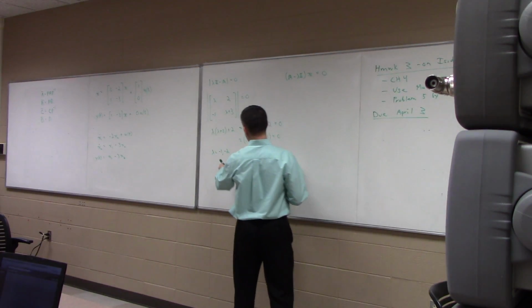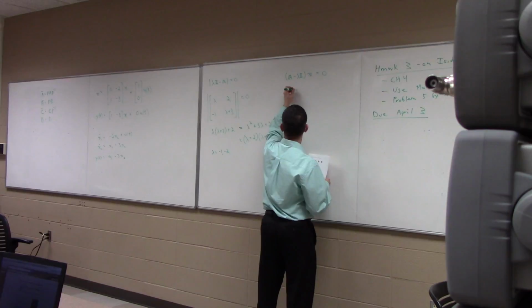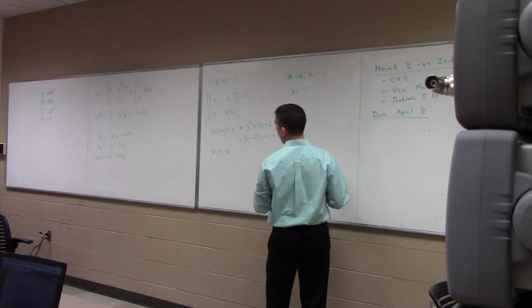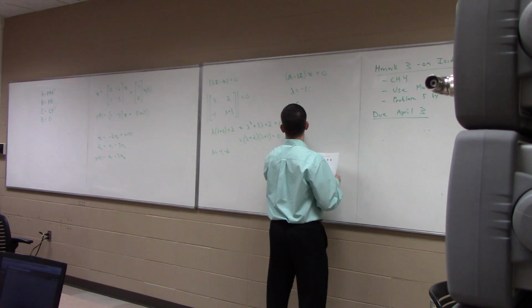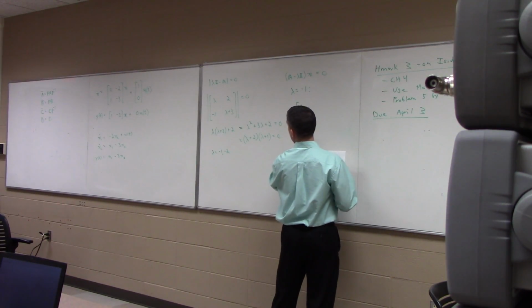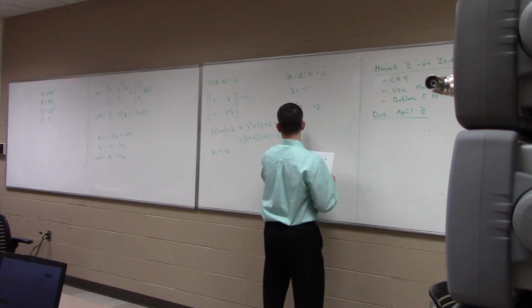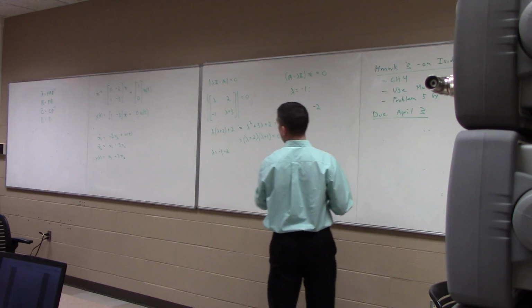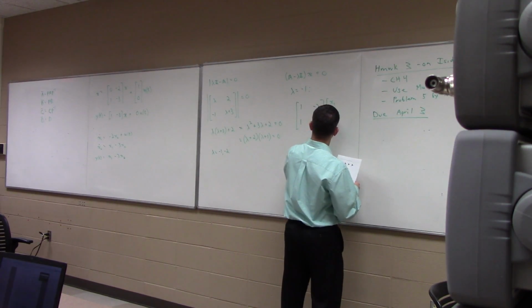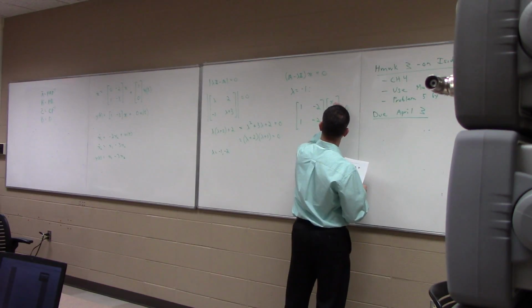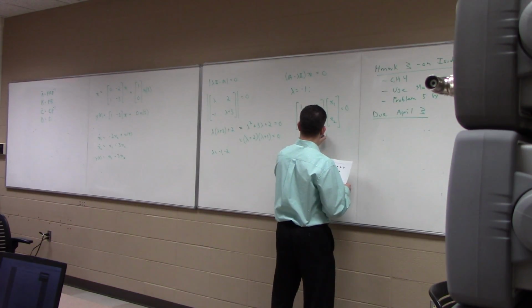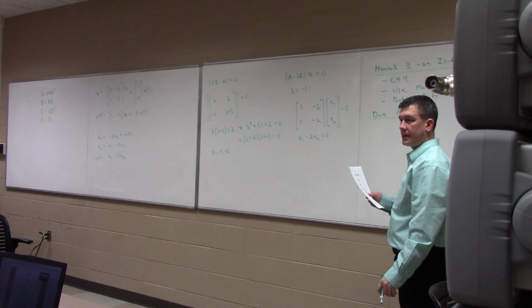So put in -1 for lambda, and so A is 0 minus -1 is 1. -3 minus -1 is -2. And I only get one equation out of that because they're both the exact same.